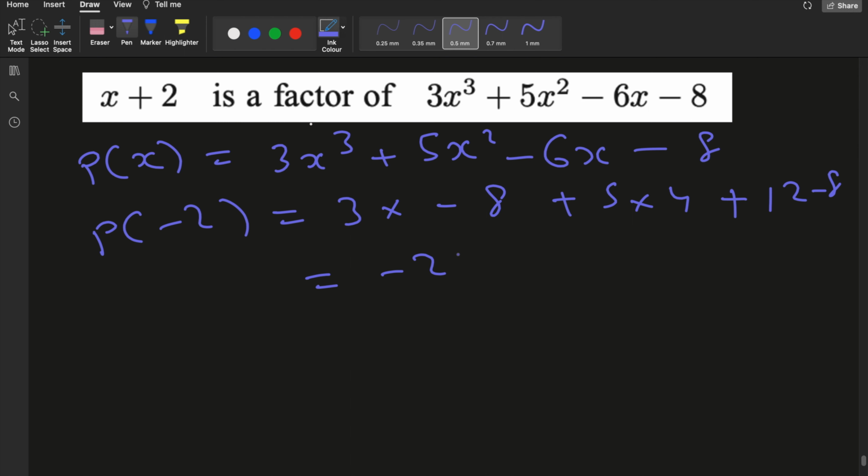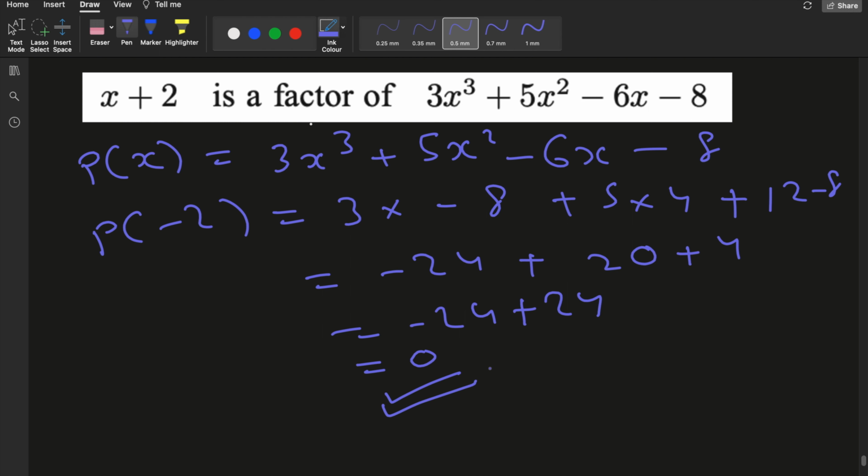So this is negative 24. This is plus 20 plus 4. So that's negative 24 plus 24. That is 0. So this is also a factor. So x plus 2 is also a factor of the polynomial. Let's move on to the next question.